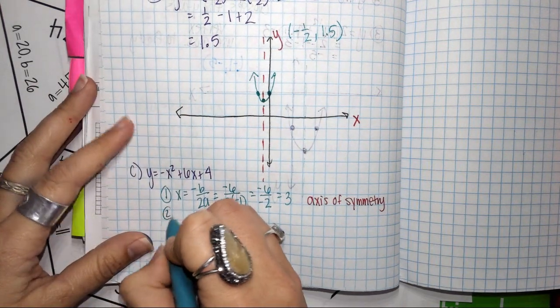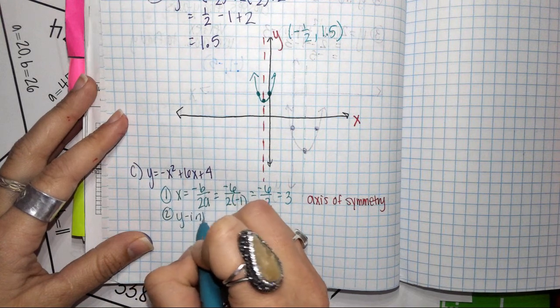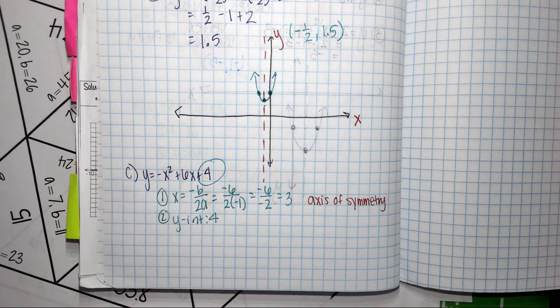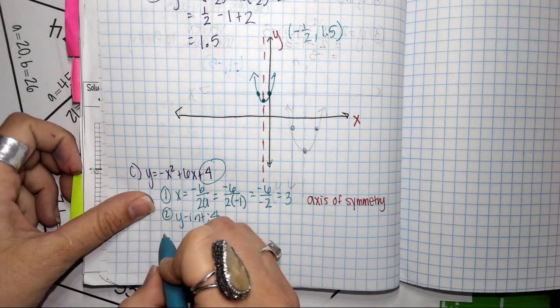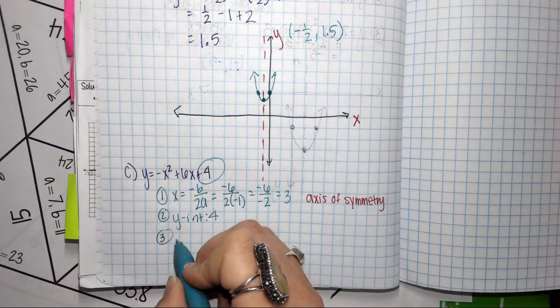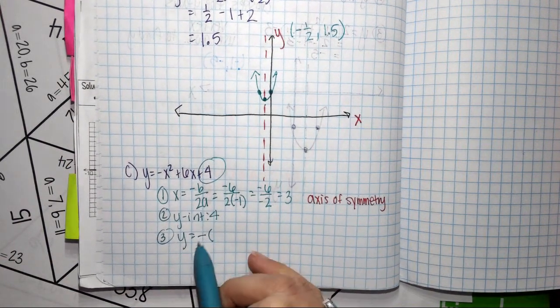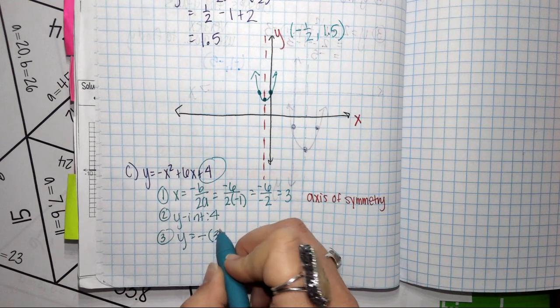Step 2, we're going to identify our y-intercept, which is 4. It's this number every time. In the third step, we're going to plug in our axis of symmetry to get y. Now, it's a negative x squared, so we're going to put this negative outside of the parentheses.